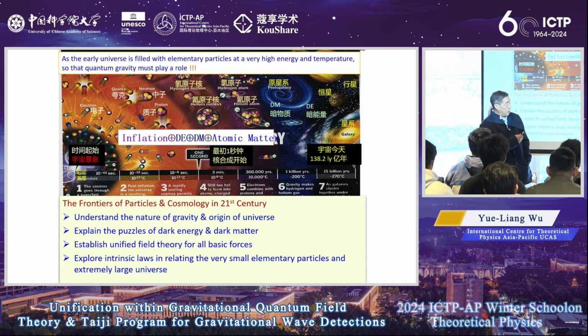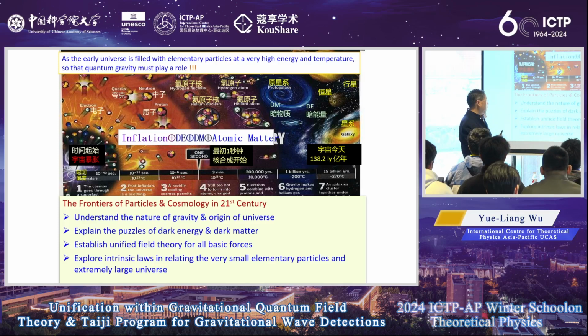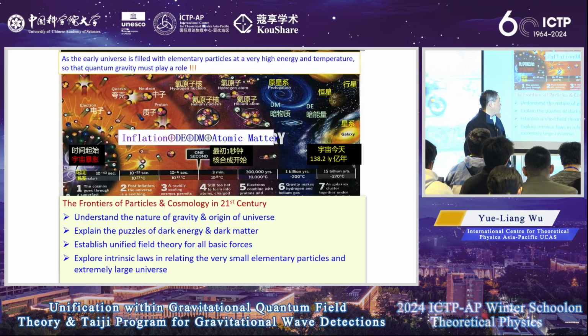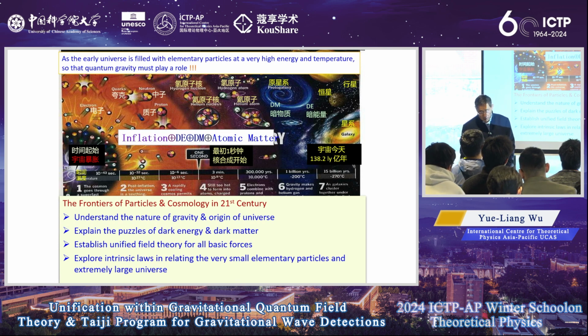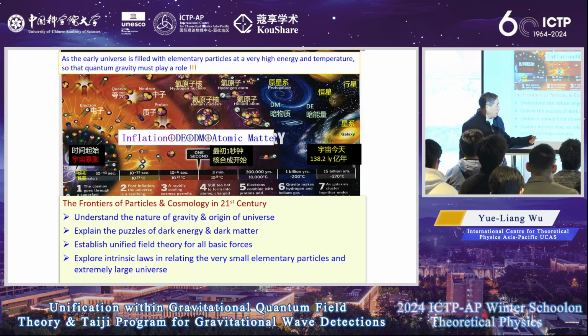So the most challenging problem in this century is to understand the nature of gravity, so that we can understand the origin of the universe. And then we want to explain the puzzles of dark energy and dark matter, and that needs us to establish a unified theory for all basic forces, so that we can explore the laws relating very small elementary particles and also the extremely large universe.